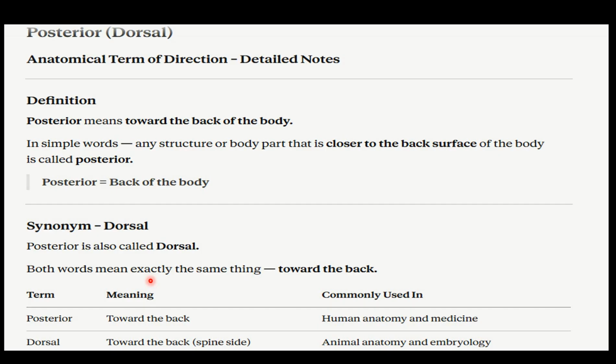Now some of you might be thinking, if it is used for the same purpose, then why in different contexts do we use posterior and dorsal? So I'll explain in a very simple way with an example. The term posterior means toward the back, but it is most commonly used in human anatomy and medicine.